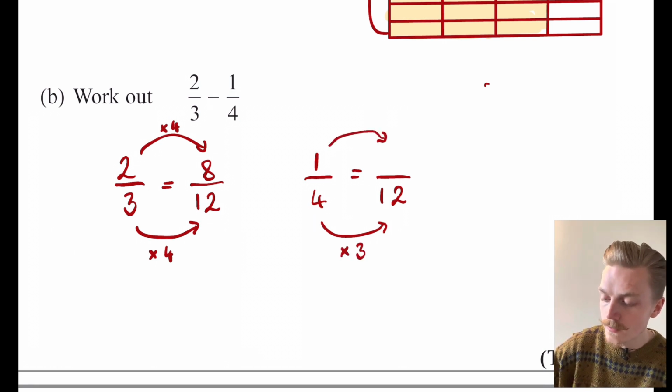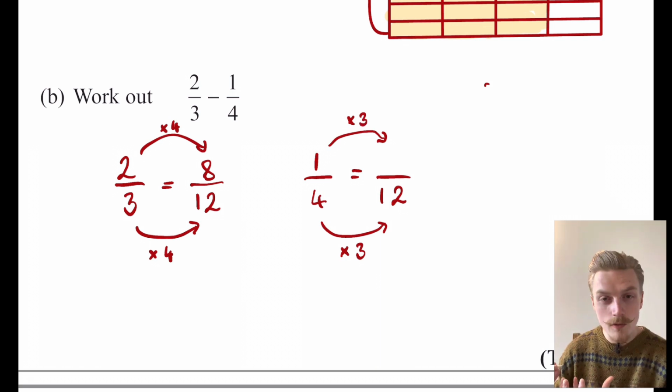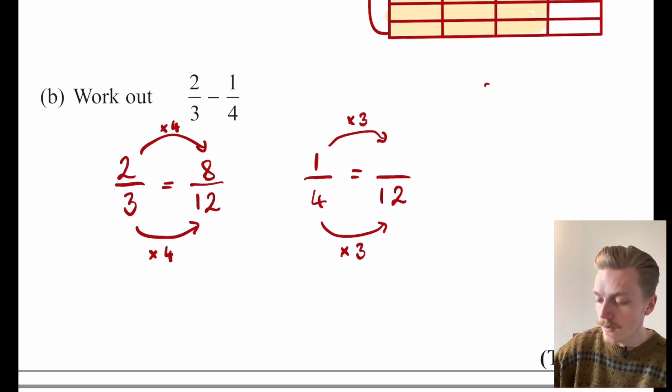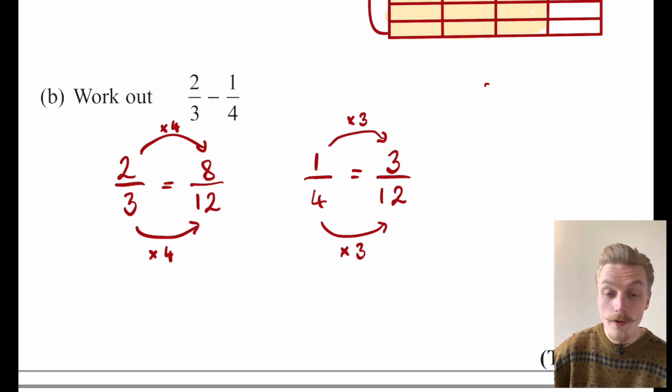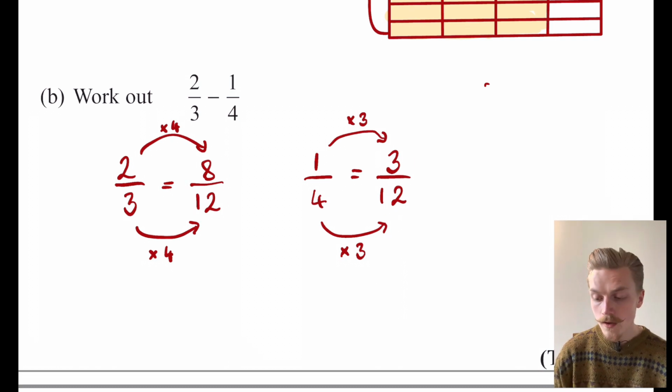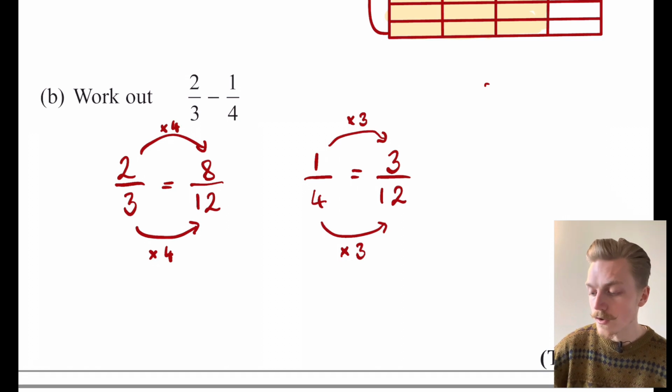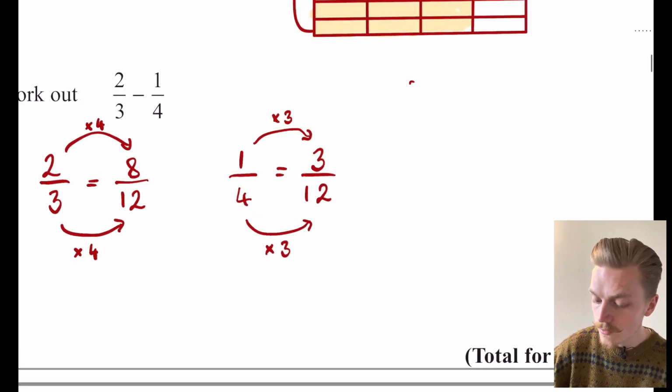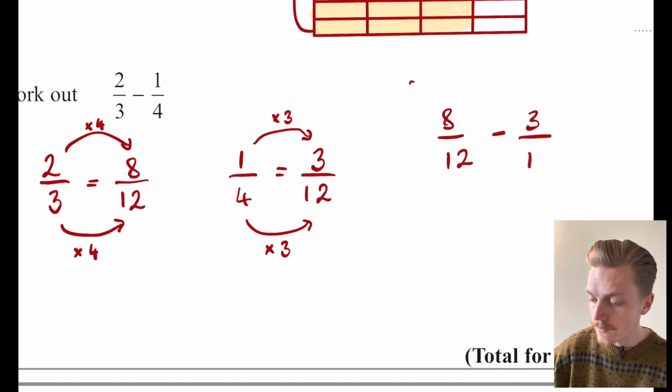So I need to times the numerator by 3 as well, I need to keep it equal and balanced. 1 times 3 is 3. So here I've got two fractions that were equal to the starting ones. So in fact, I could rewrite this question. Instead of 2/3 subtract 1/4, I could write 8/12 subtract 3/12.